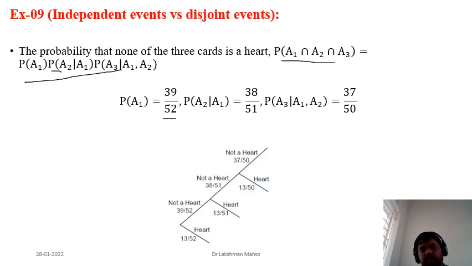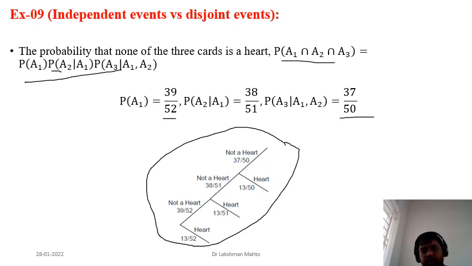Similarly, if we have taken out one non-heart, then the probability will reduce to 38 by 51, and then 37 by 50. If you try to visualize this probability in a sequential or graphical pattern, we can visualize it this way. The desired probability we can calculate by multiplying the respective probabilities.